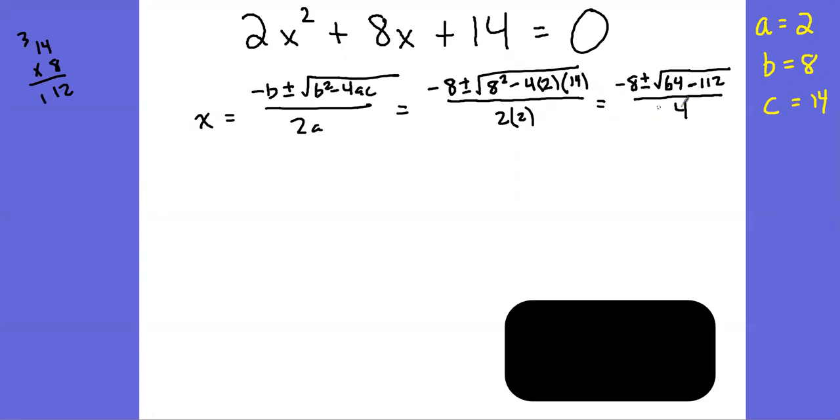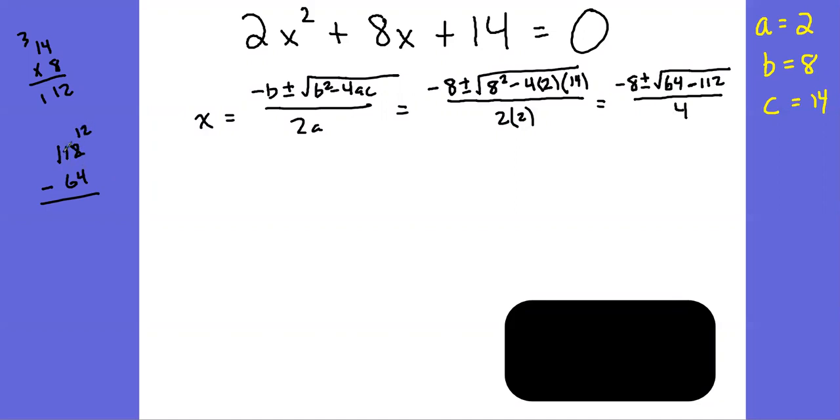64 minus 112. That's the same thing as 64 plus negative 112. So I'm 112 into the negatives, and I'm going to take away 64 of those negatives because I have 64 on the positive side of things. So 112 minus 64.